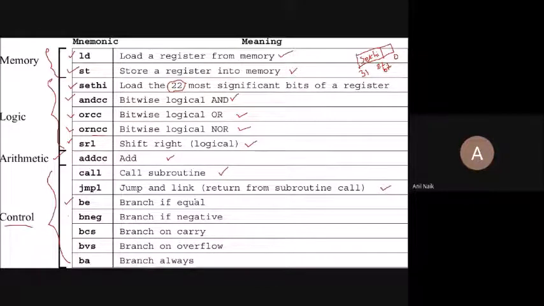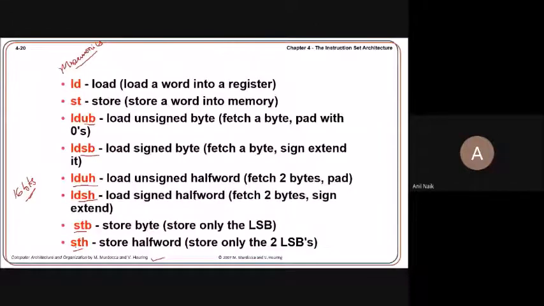The logical ones are SETHI, ANDCC, ORNCC. Then logical operations like shift right, then arithmetic operations, and call, jump, branch on equal. These are all control instructions: branch always, branch on carry. So these are all branch related or control related instructions.